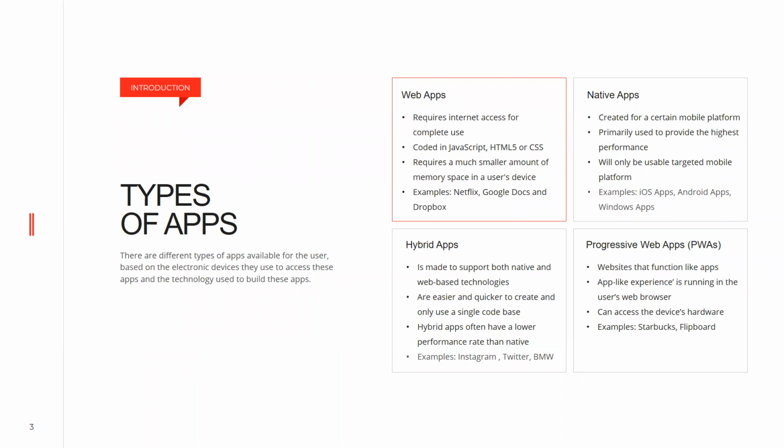They can access some part of your device's hardware. Some examples are the Starbucks application and Clipboard. These are progressive web applications. So what we are going to concentrate on and develop with zero code mostly are the web applications and the hybrid applications.